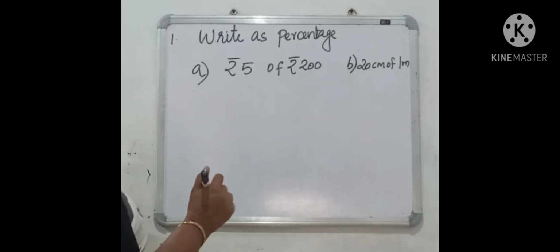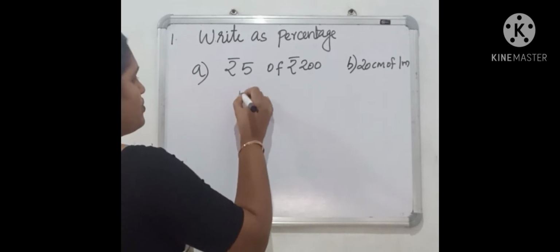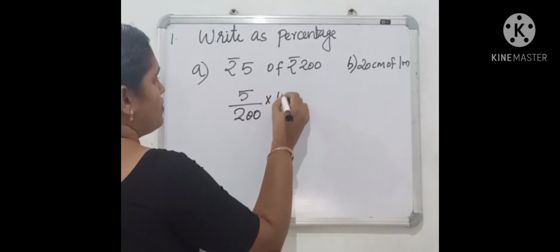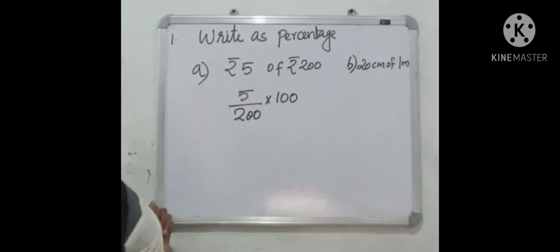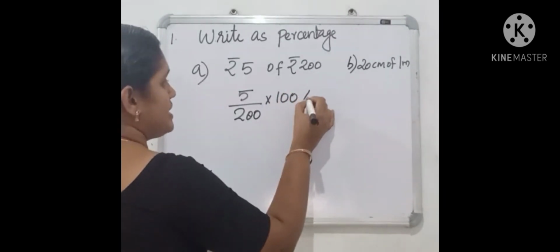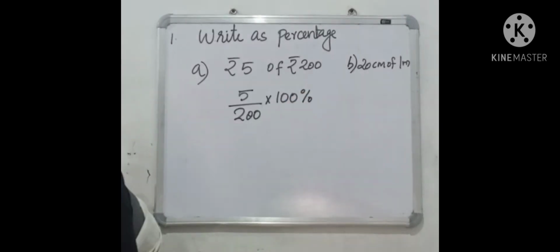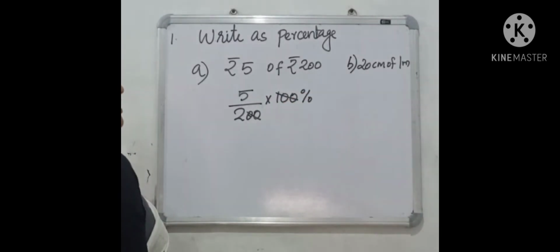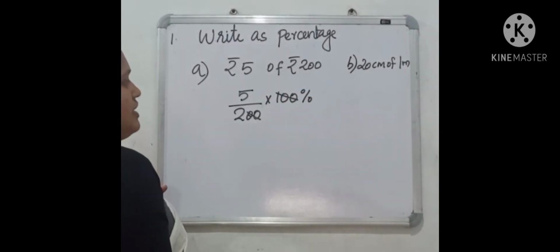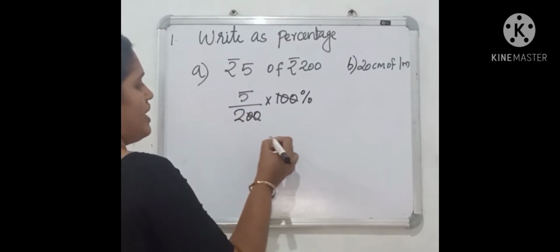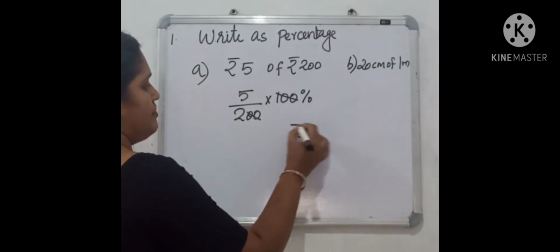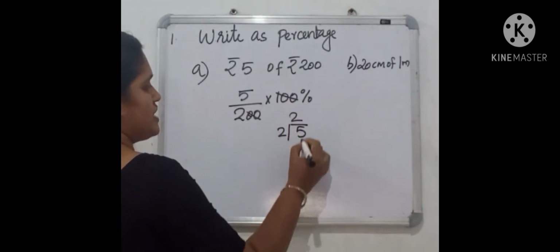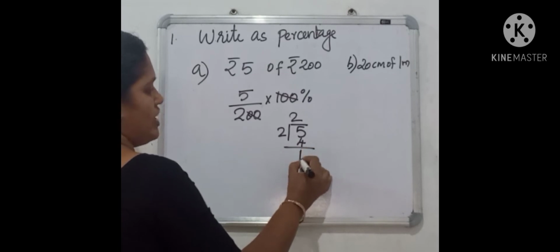Okay, here we can write 5 by 200 into 100. Clear? How much percentage we have to find? Cut both 0. 100 also cut. Then 5 by 2 means 5 divided by 2. 2 2s are 4. 1.